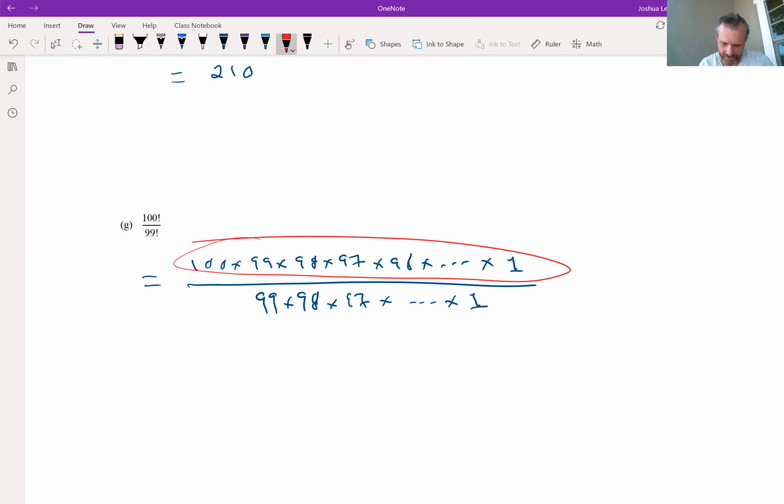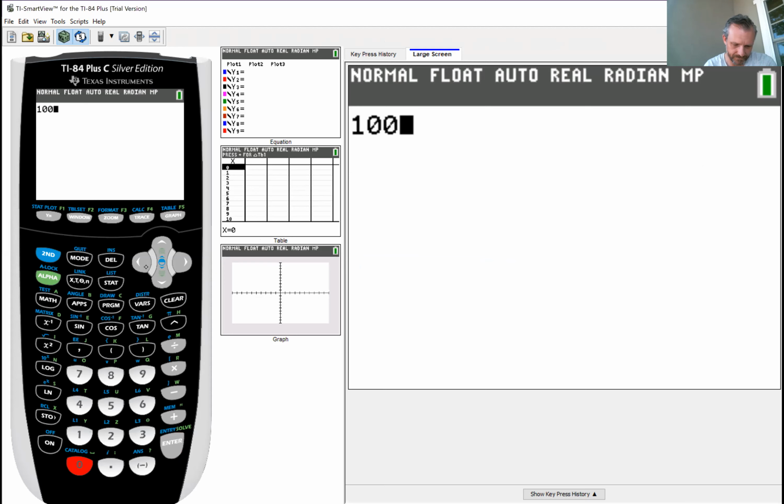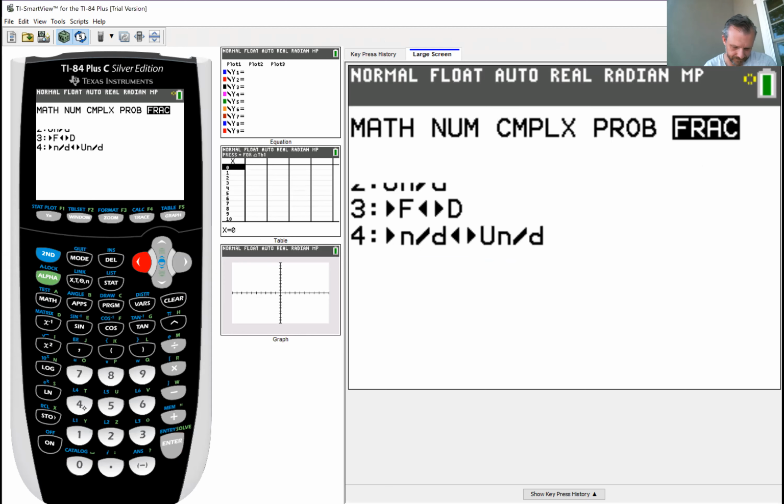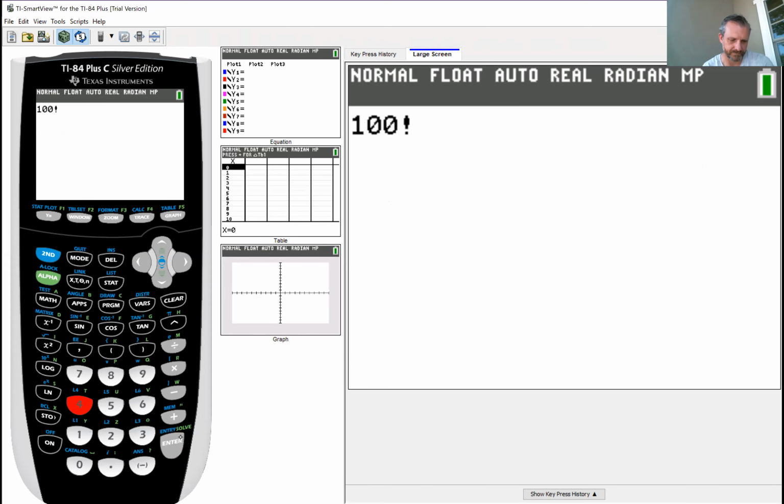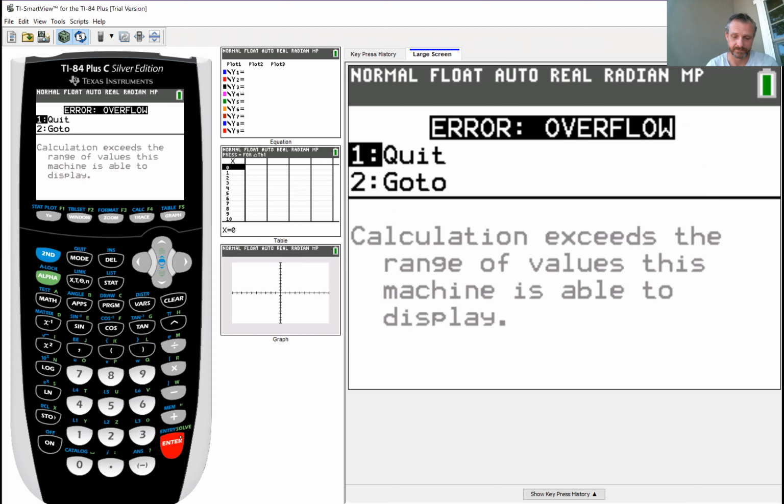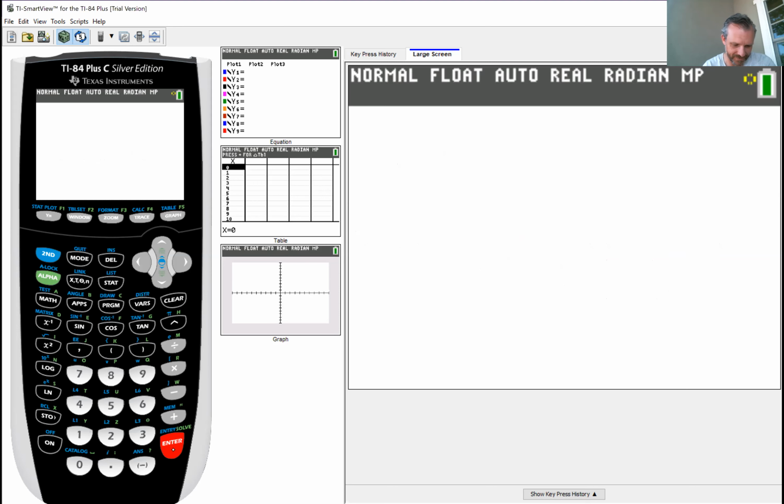I'll even show you. You don't need to worry about having a calculator like this, but I'm just going to show you. This will do factorials. Error, overflow. Too big for the calculator to handle. And what's also interesting is that, watch what happens here.